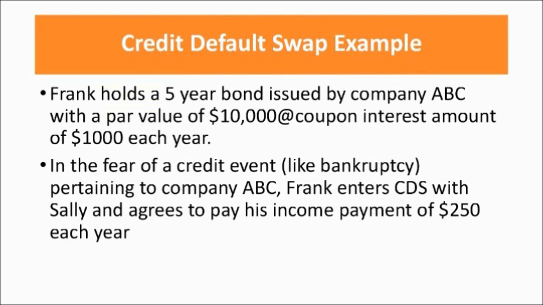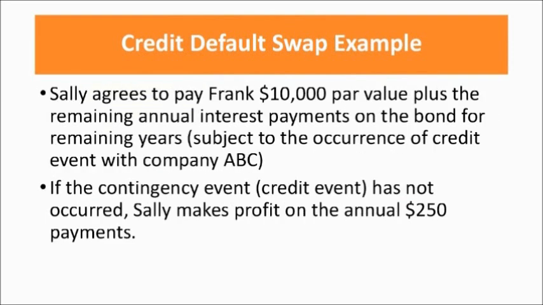So Frank enters a credit default swap with Sally, telling that, okay, I would pay you $250 per year, and in return Sally will say, okay, in case ABC company is going to fail, then I am going to compensate the $10,000 of initial amount along with $1,000 of interest.